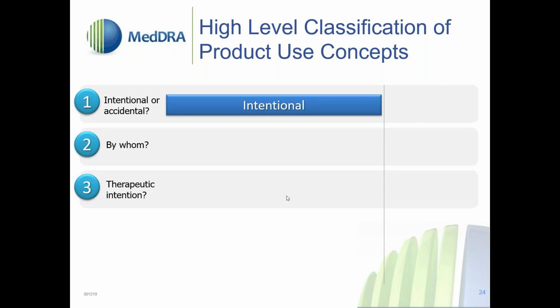This may be decided by healthcare professionals or by patient consumers. If this is a conscious decision by the healthcare professional and for therapeutic purposes, we classify these events as off-label use. So these 3 criteria are required for the high-level classification as an off-label use.